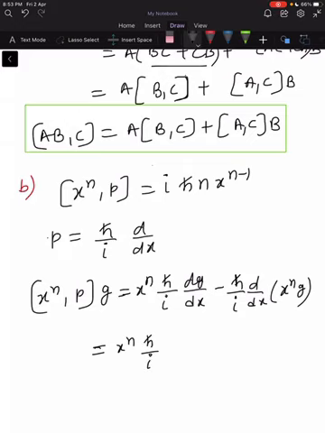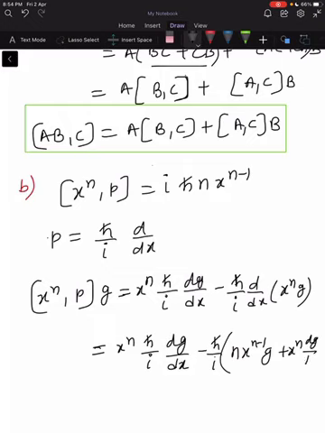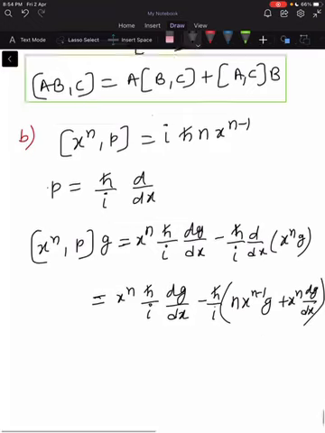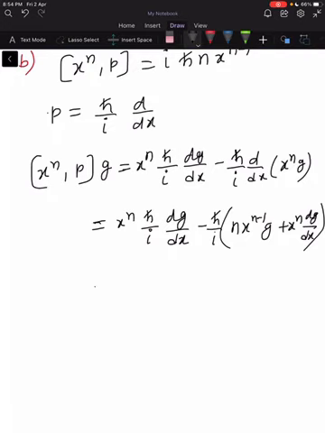After solving the right hand side, we get x^n (ħ/i) dg/dx - (ħ/i)(n x^(n-1) g + x^n dg/dx). Solving further, we get iħ n x^(n-1) g.